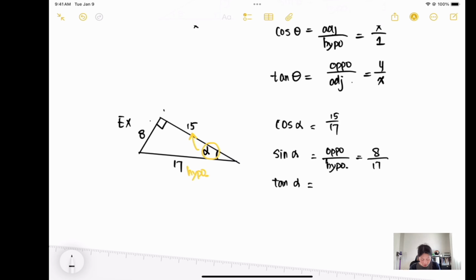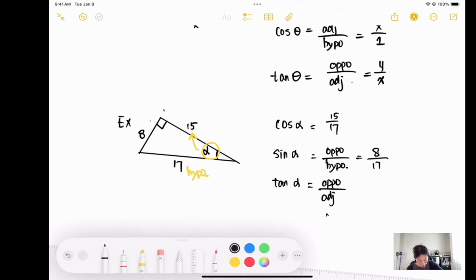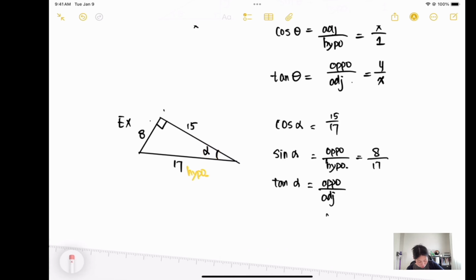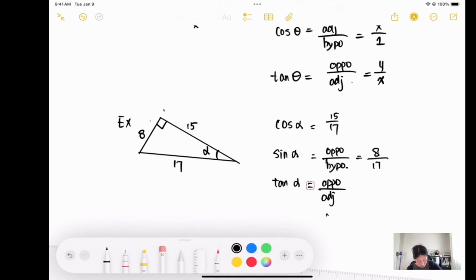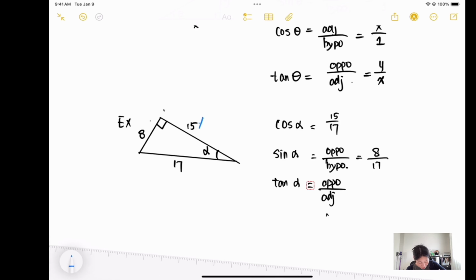Now tangent. Tangent is the opposite over the adjacent. So now let's take a look at which one is the opposite and which one is the adjacent. The side opposite to the angle is 8, and 15 is the adjacent side.